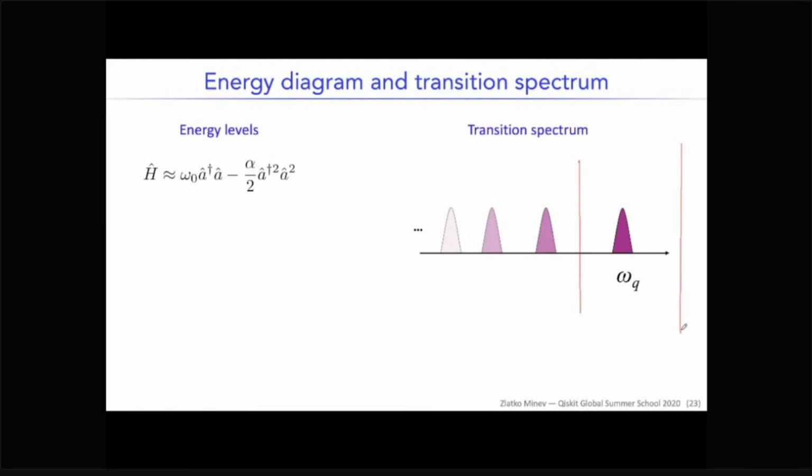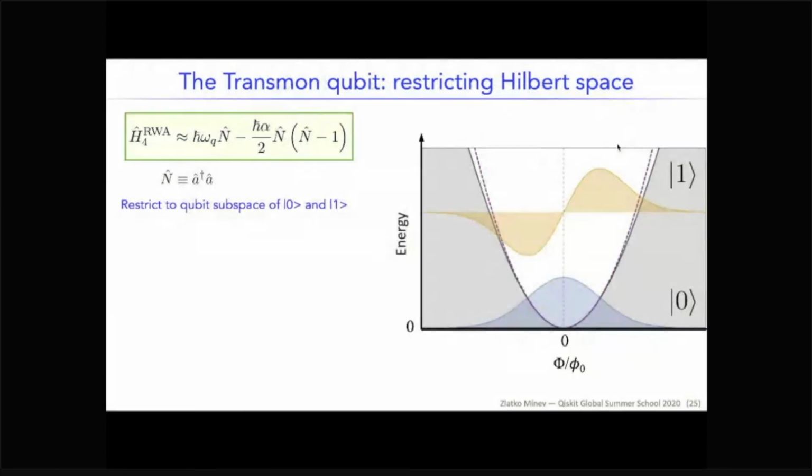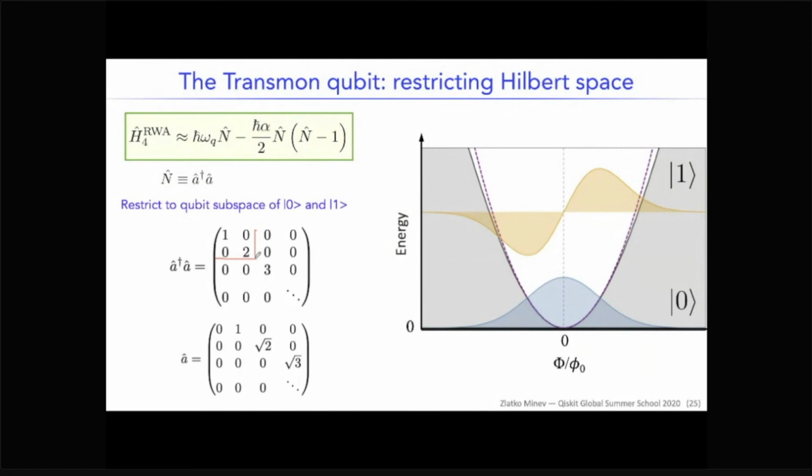What that means is that if we only apply control pulses or frequencies of our drives that try to steer the atom by force in this range, we can really isolate the 0-1 transition, and we can isolate the qubit as 0 and 1. Now if you remember what the creation and annihilation operators look like, we can therefore restrict ourselves to operate within a manifold of the lowest 2 energy states.